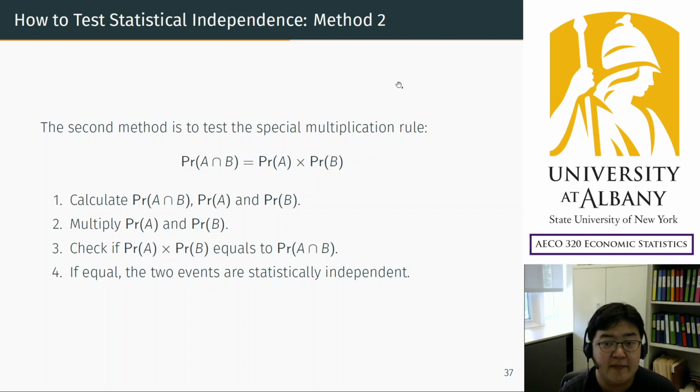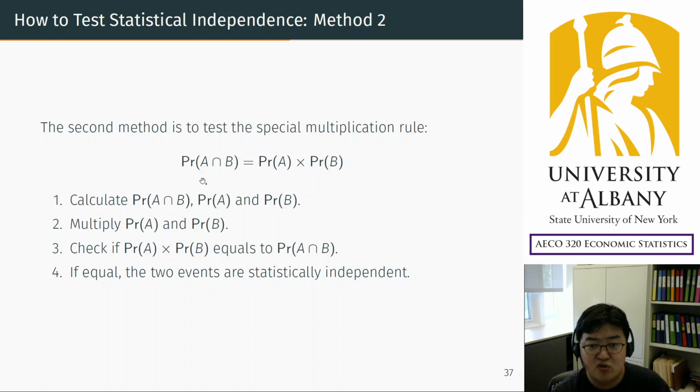And now I'm going to show you the second method. The second method is based on the special multiplication rule. Special multiplication rule takes this form. You have to prove this equality.